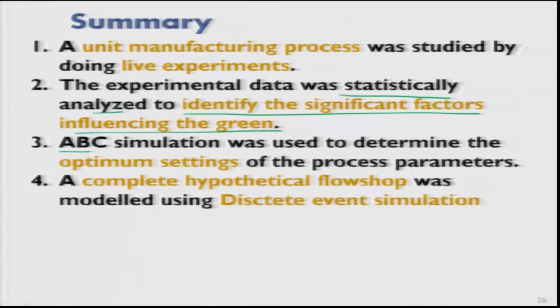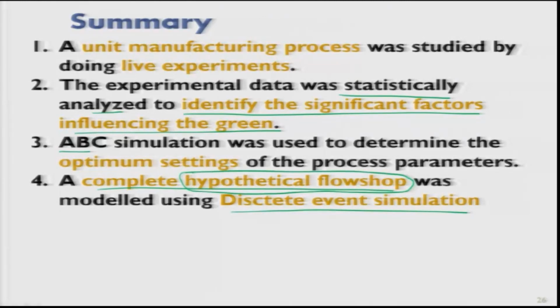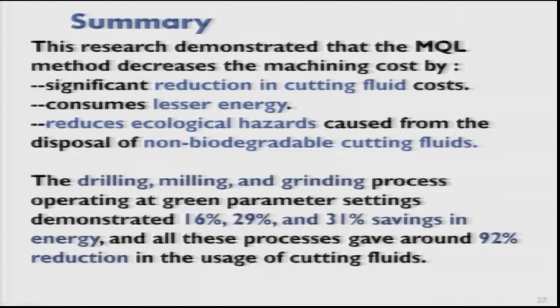ABC simulation was used to determine the optimum settings of the process parameters, and a complete hypothetical flow shop was modeled using discrete event simulation. So, I used a hypothetical flow shop only. In an actual or realistic scenario, we can even use realistic data, and this kind of approach can be used to obtain a green factory.